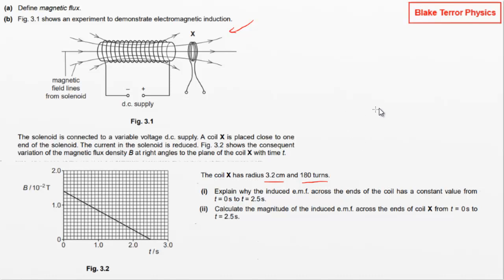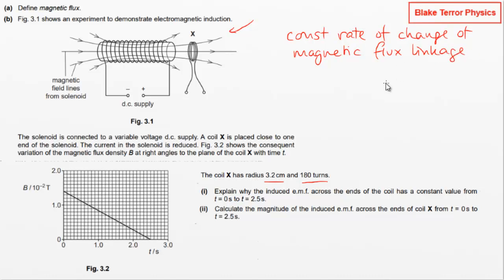So the thing we want to say with that is that we've got a constant rate of change of magnetic flux linkage. And why do we know that we've got this constant rate of change of magnetic flux linkage?